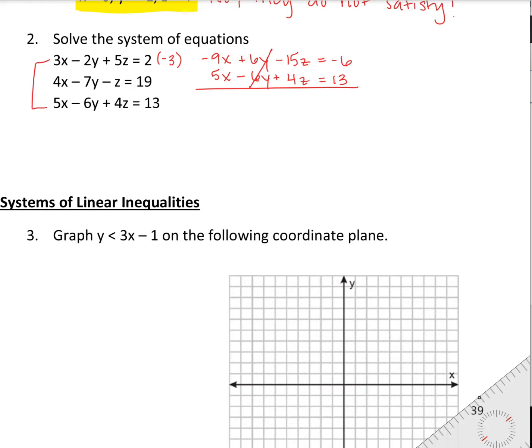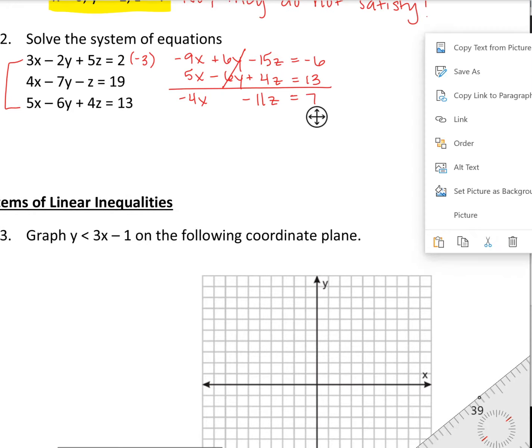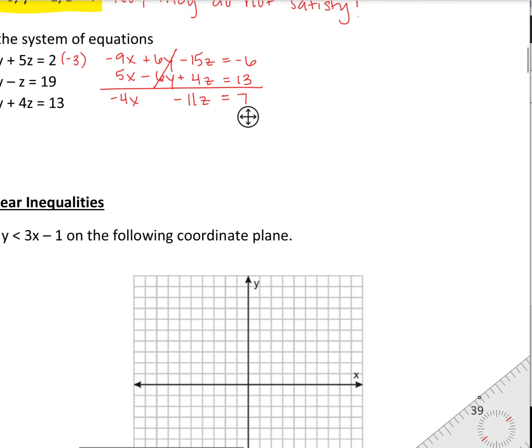So I'm going to start doing -9x plus 5x is -4x. -15z plus 4z is -11z. And this becomes 13 minus 6, positive 7. Okay. So I got my very first reduced system.